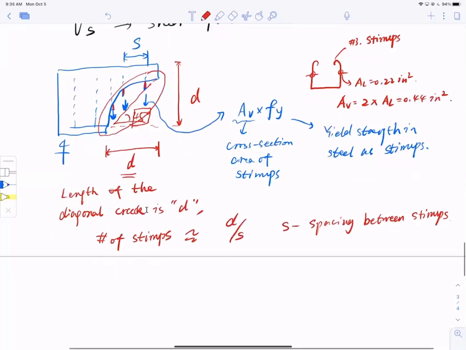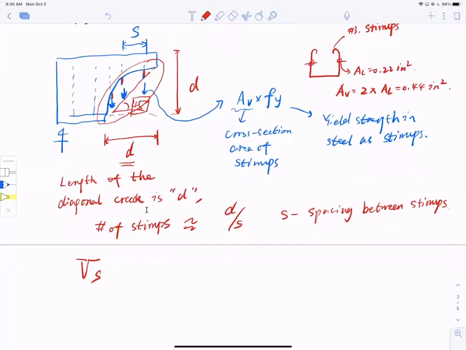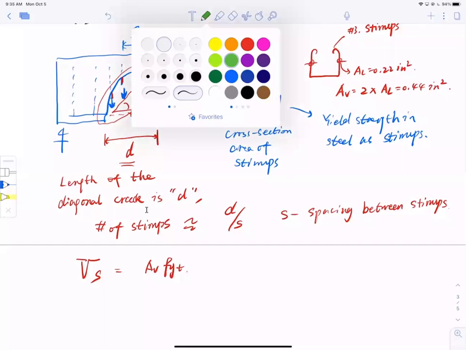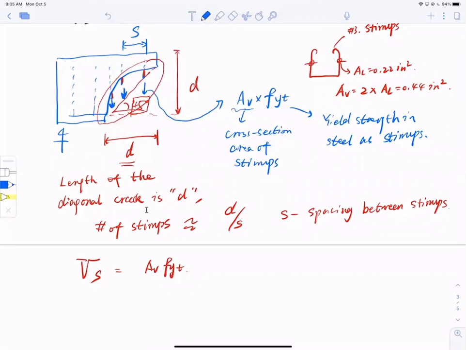So the total shear resistance of steel equals Av Fyt, that is the single stirrup contribution, multiplied by the number of stirrups, that is d over s.